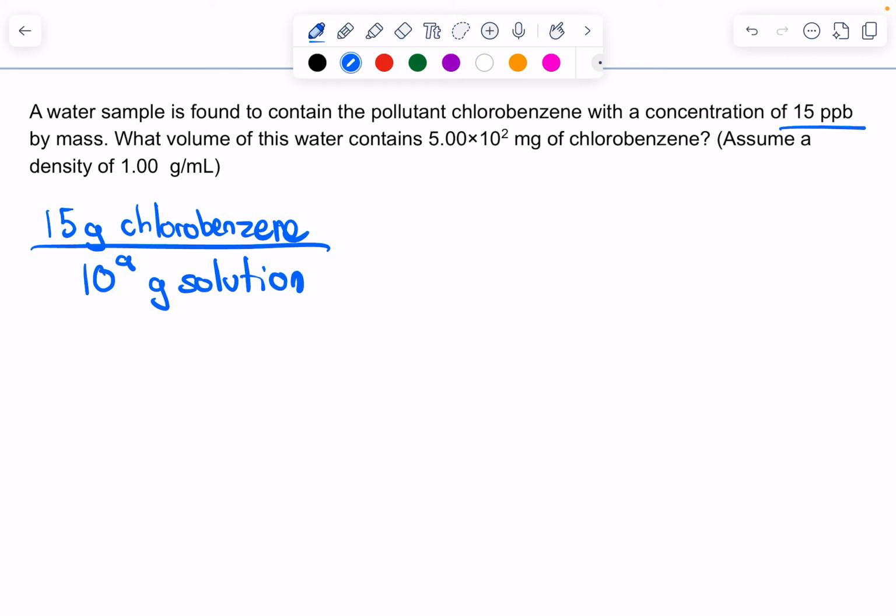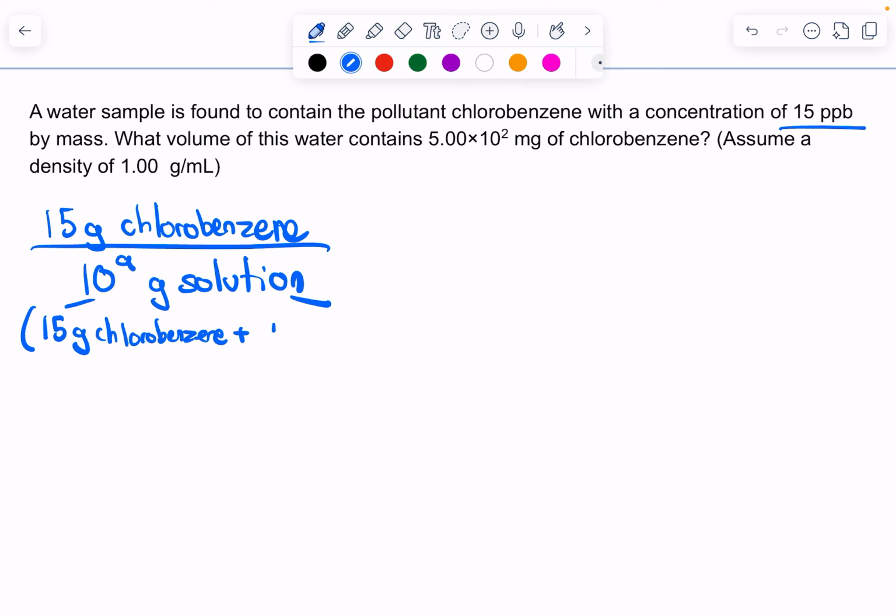Now, it's possible that I might need to break this down into grams of chlorobenzene and grams of solvent, but realize that a billion minus 15 is basically a billion when we're talking about significant figures. So I'll write it down just for the sake of reiterating this. So this billion grams of solution is 15 grams chlorobenzene plus 10 to the 9th minus 15.